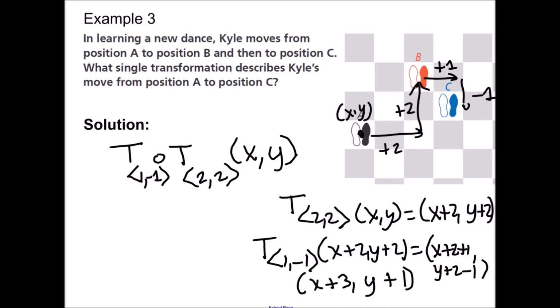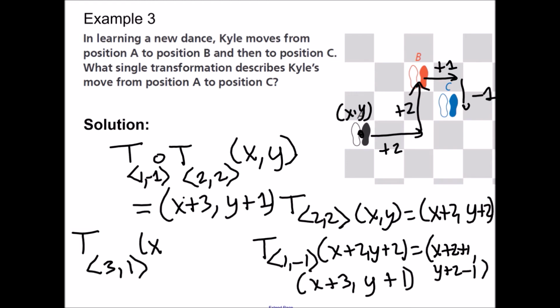And so my product here is going to be x + 3 and y + 1. And so we can rewrite this transformation as T(3, 1) of (x, y), and that equals (x + 3, y + 1).